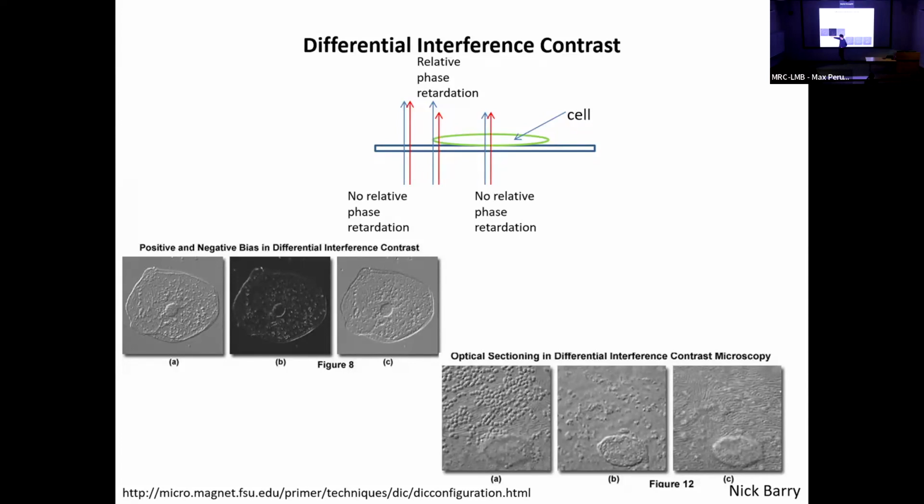And then this is what the images look like. You see this sort of funny pseudo 3D type effect in your eye, but you generate a lot of contrast. And you can see that up here, the contrast on this edge is light, and the contrast on this edge is dark. You can tweak the microscope around the different biases in the way the phase interferes, so you can change how it looks in the eyepieces.